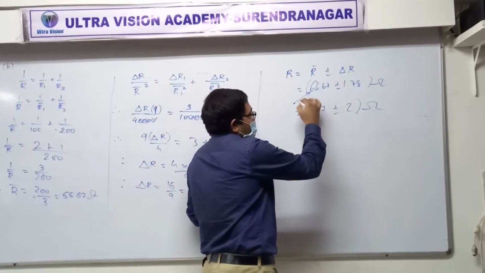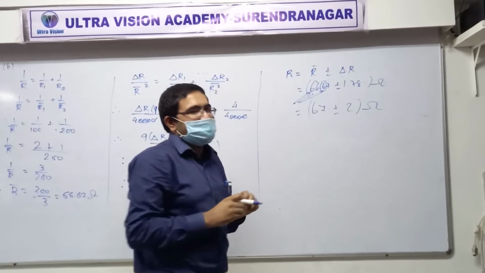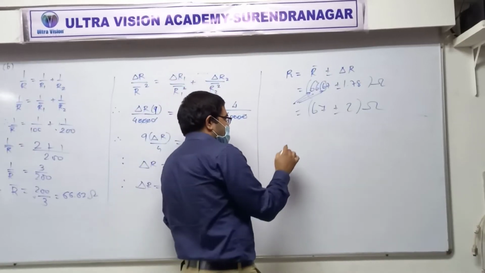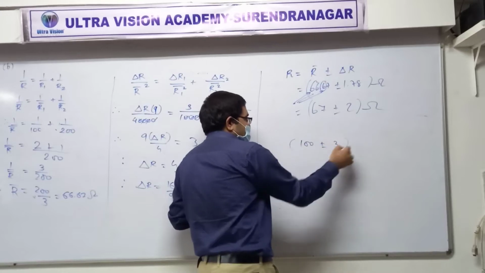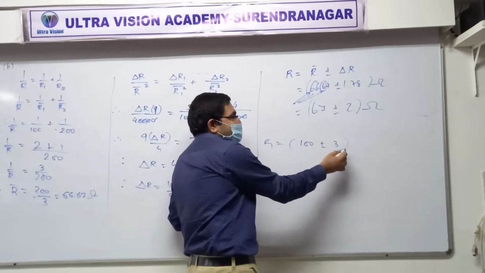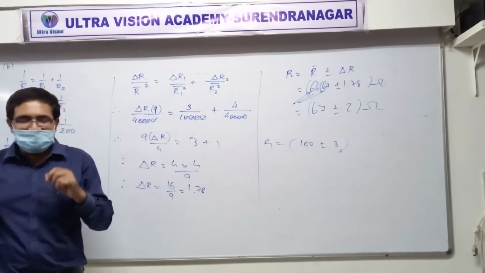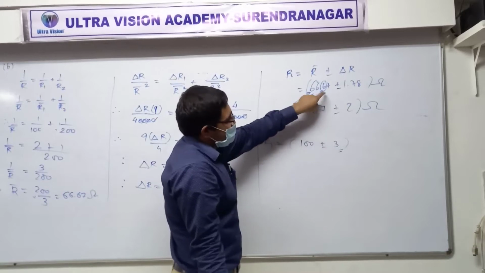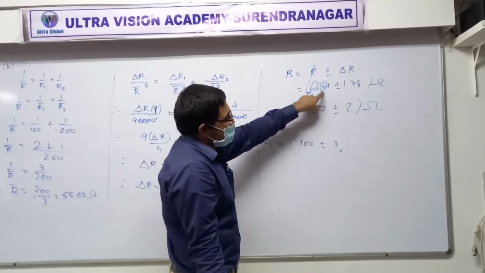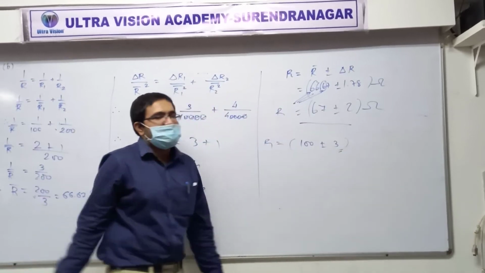Then if you go to 2 places next, this is not known properly. Why not known properly? Because the error originally was like this in R1, 3 out of 100. Yes or no? So we don't know the hundreds place properly. That's why there's no point writing 6.66.2. That's why this is length. This is R. Alright?